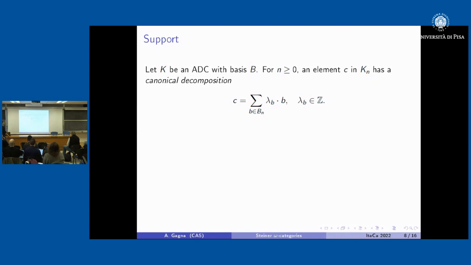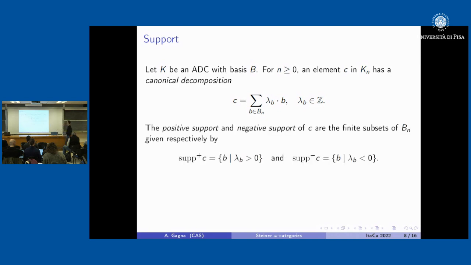But if you think of these augmented directed complexes with basis as some homological trace of an omega category, it makes sense. So for each element c that you think of as some kind of composition of n-cells, because how do you think of a composition? Well, it is a linear decomposition, right? So we have a unique decomposition. These lambda b are integers, and b are the elements appearing there.